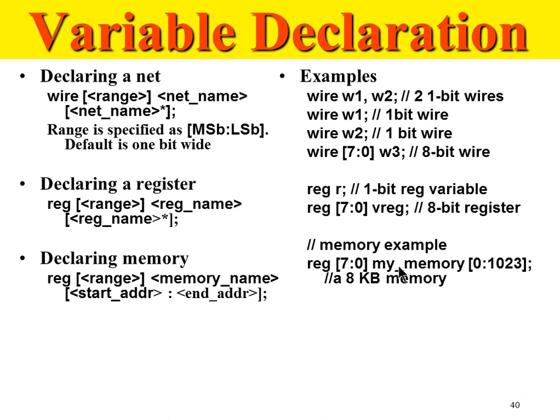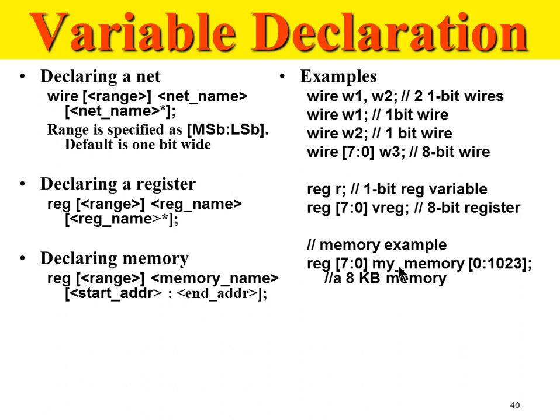Each location is 8 bits. If I have 125 locations, 125 into 8 will give me 1 kilobit. I copy this 125 times, one below another. That is how my 125 locations will come.